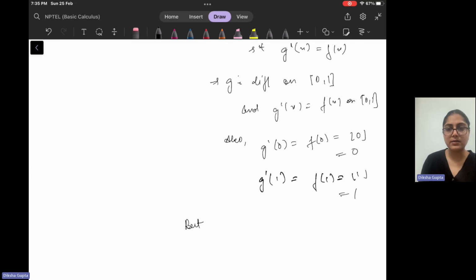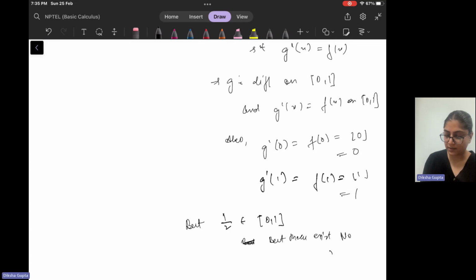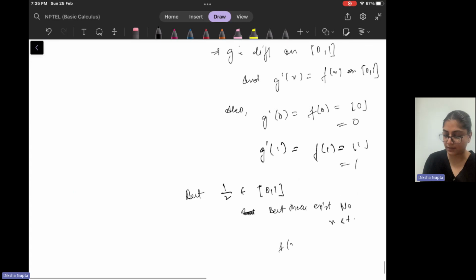But f will not take any value in between: 1 by 2 belongs to 0 comma 1, but there exists no x such that g dash x is 1 by 2.